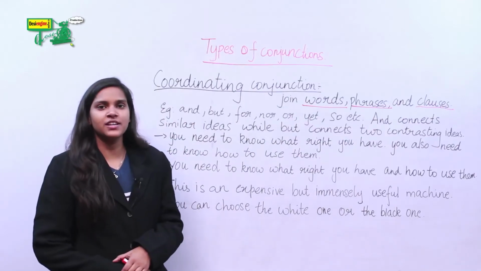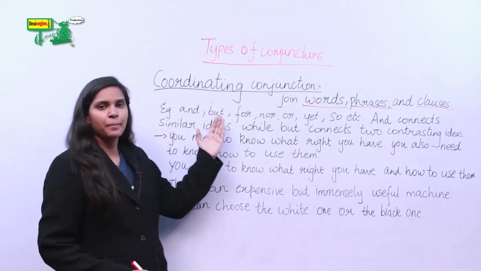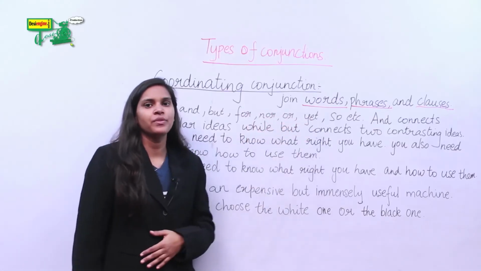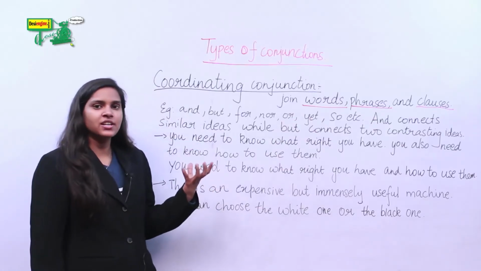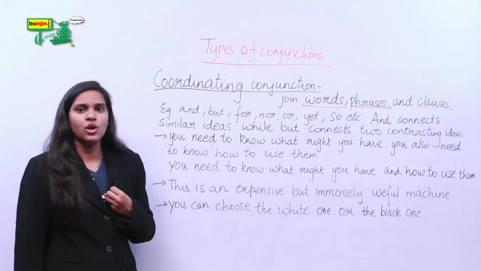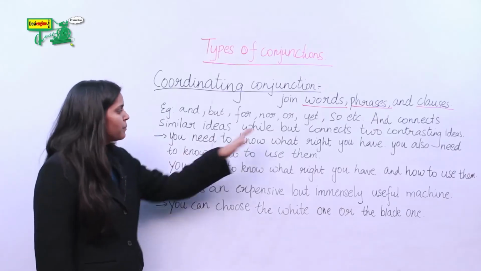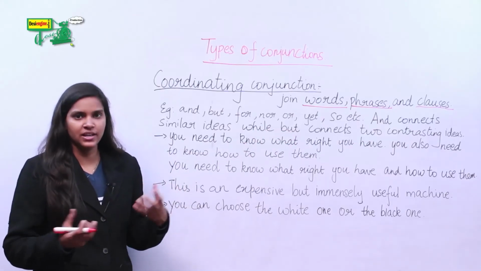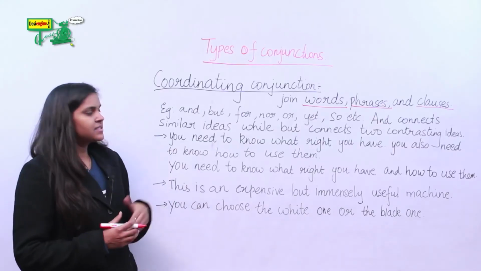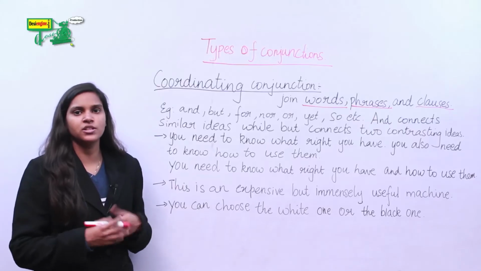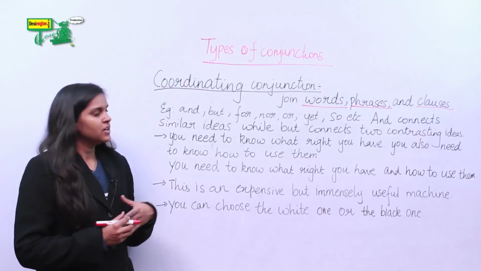Examples of coordinating conjunctions are and, but, for, nor, or, yet, etc. The coordinating conjunction and is used to connect similar ideas, while the coordinating conjunction but connects contrasting ideas, that is, two opposite ideas. Let's take a few sentences where we'll see how coordinating conjunction operates.